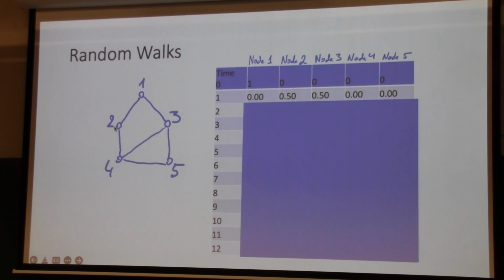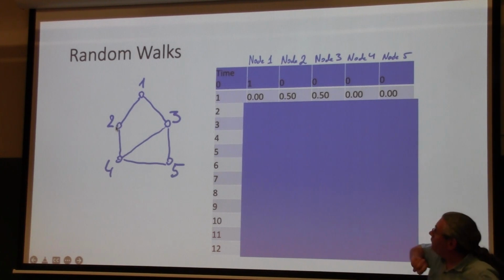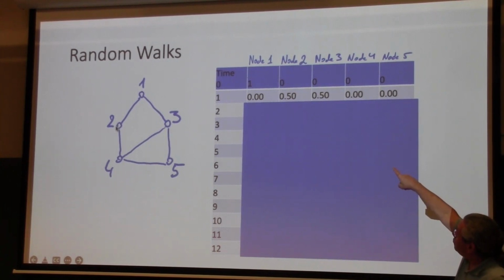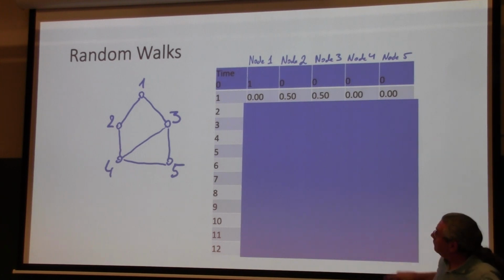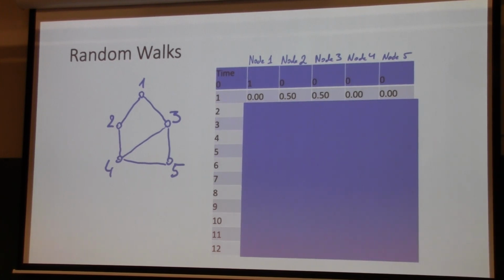So node 2 can go either to 1 or 4, and node 3 can go to 1, 4, or 5. So the 0.5 will be split between 1 and 4, and for node 3, the 50% will be split between 1, 4, and 5, so 16% or 17% for each of them.